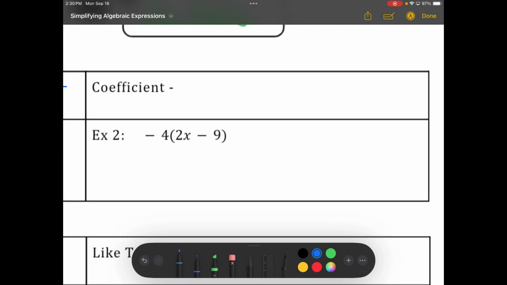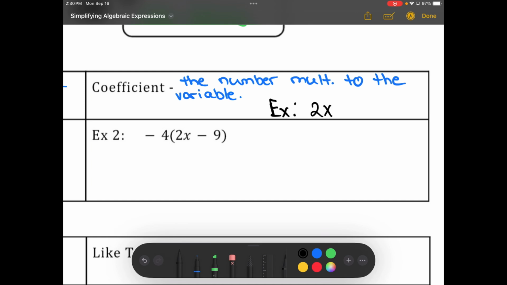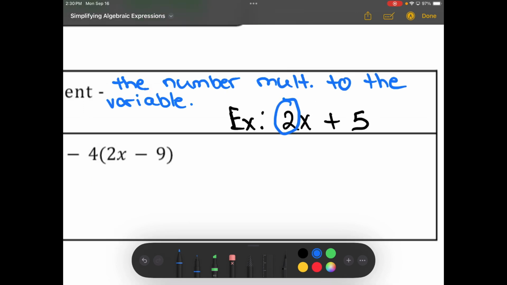The coefficient is the number multiplied, and you can abbreviate, to the variable. So I'm going to use the same example. 2x plus 5. 2 is the coefficient, the x is your variable, and the 5 is your constant.